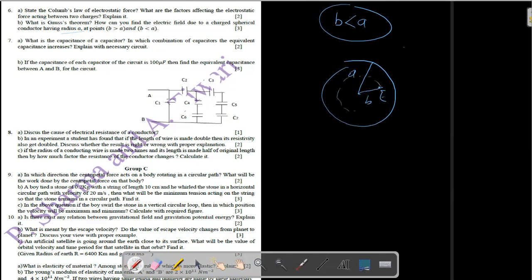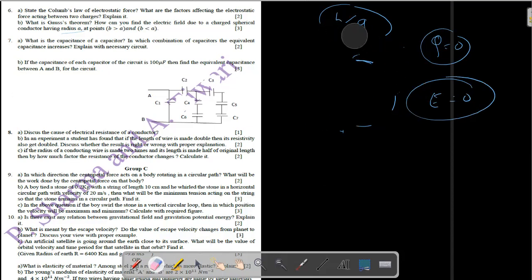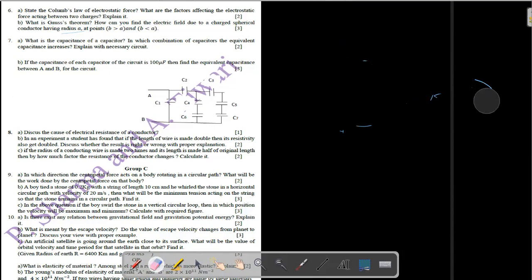So this is our imaginary sphere surrounding this charge. But as we know that charge resides on the outer surface of any closed conductor, that's why total charge inside the sphere is zero, which means electric field is also zero. So that much will be enough for this question, which is question number 6.